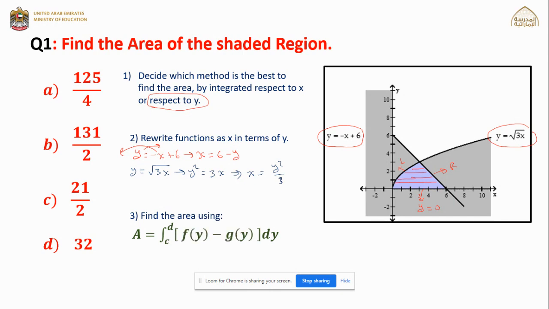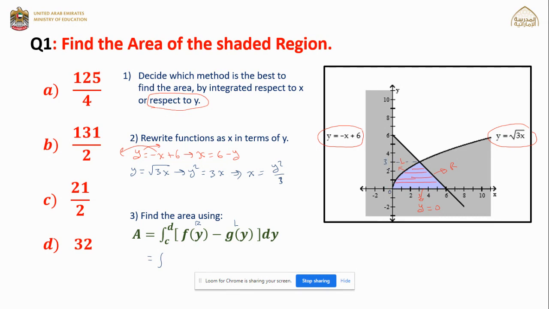Next step, I will find the area by using area equals integral from c to d of f of y minus g of y. F of y is the right one and g of y is the left. So here I have the integral. C and d are the borders of my integral. Because I go with respect to y, I will start from 0 to this point.